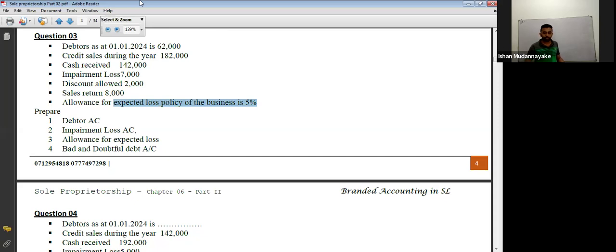Question number 1 and 2 discuss the allowance for expected loss for the first time. But question number 3, their policy is to allow an allowance for expected loss of 5%. Then you can calculate the opening allowance for expected loss amount using this 5% rate.